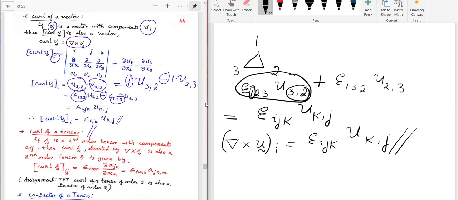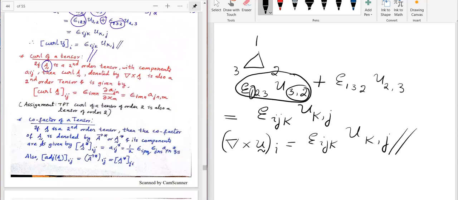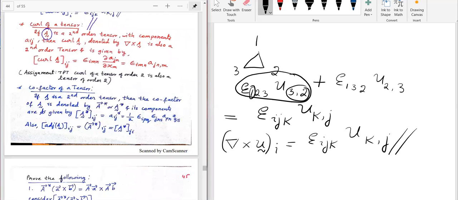Now what is curl of a tensor? Let us take a tensor. Let A be a second order tensor with the components aij. What is curl A?